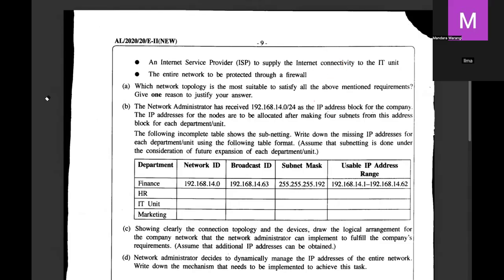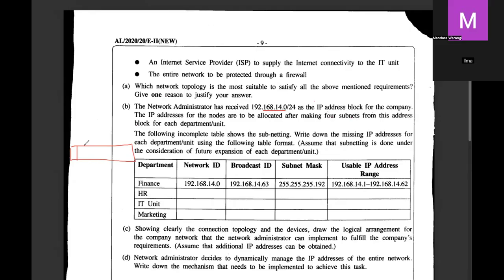Great. Then the next question is, the network administrator has received this IP address block. So we have to divide this into four subnets. How can we divide this into four subnets? When we are dividing into four subnets, first we can take the last octet.